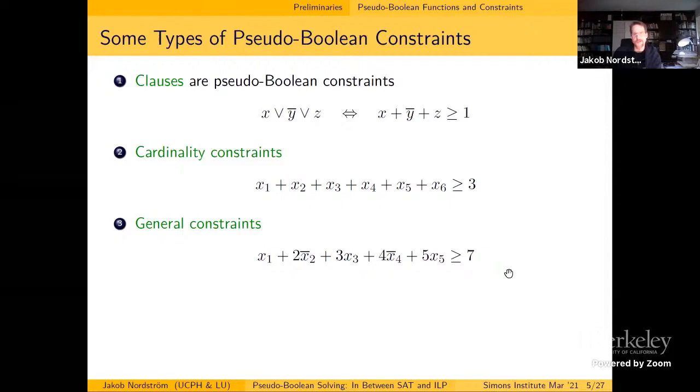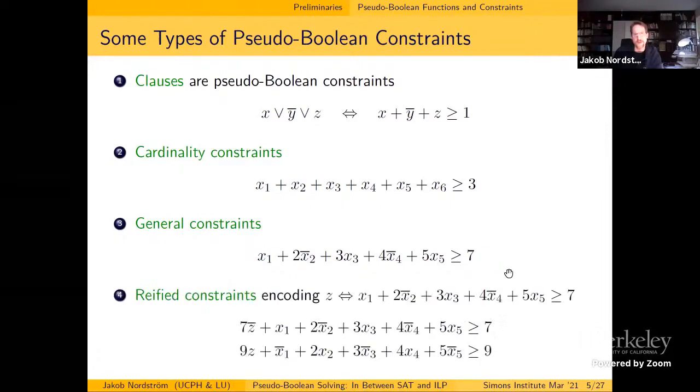And another thing that is nice with pseudo-Boolean constraints is that you can express a lot of things staying inside this formalism. For instance, sometimes it's useful to have a variable encode the truth value of a constraint. Say that I want z to be true precisely when this constraint holds. So the nice thing is that this also I can write as a pair of pseudo-Boolean constraints.